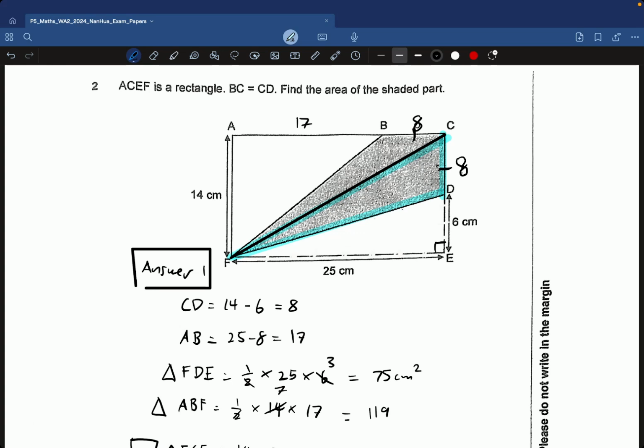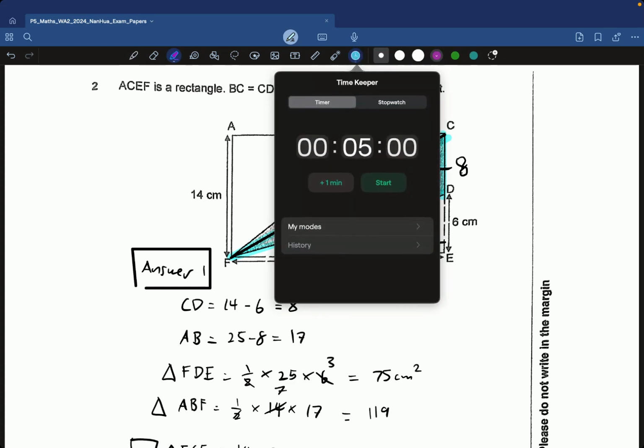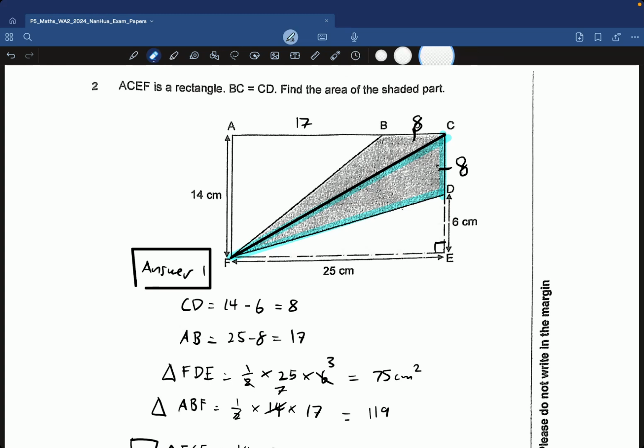So the second one over here is another triangle, which is basically, let me just erase everything over here. Whoops. So answer 1, this is 8. Okay, so the next triangle over here is this triangle, which is BCF. So same thing, we have the base and what's the height for this?